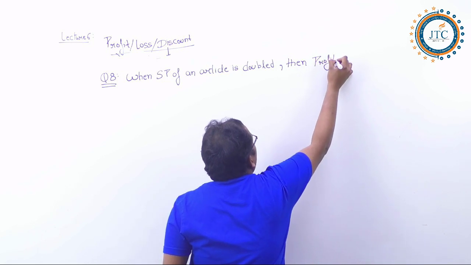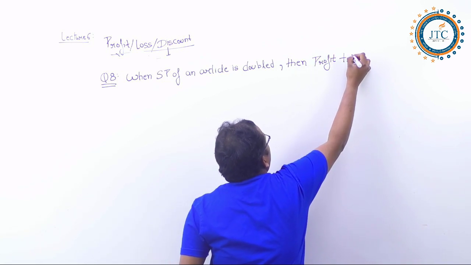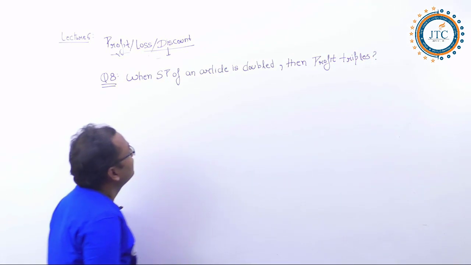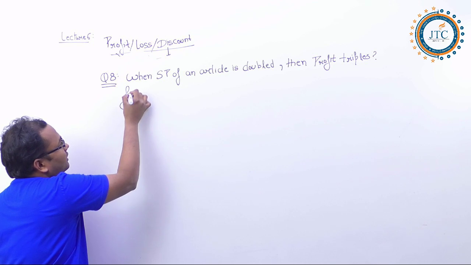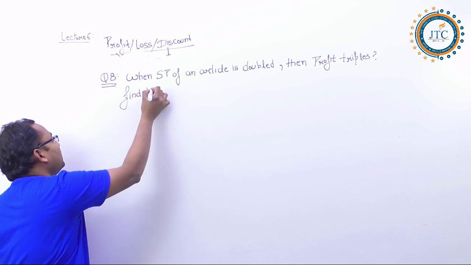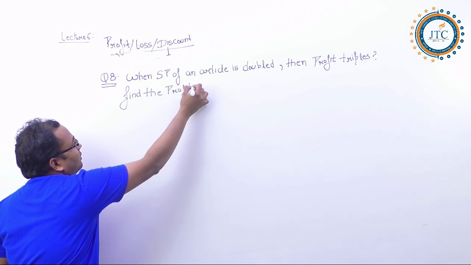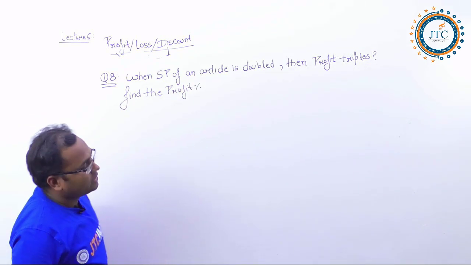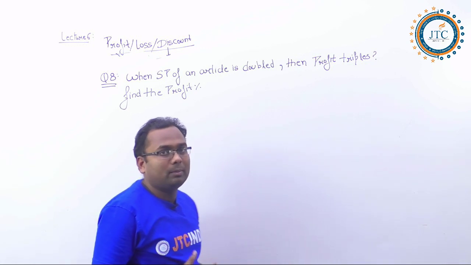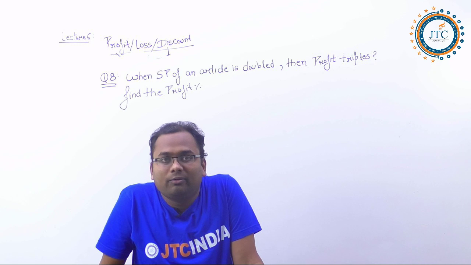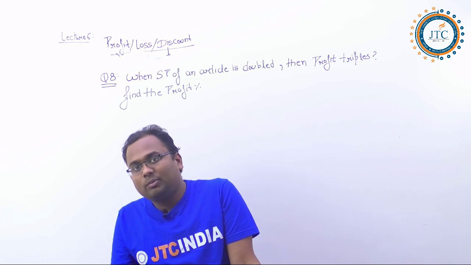This is the question. When the selling price of an article is doubled, then the profit triples. Then find the profit percent. So what the question says is that we have to double the selling price, and when the selling price is doubled, then the profit triples. So we have to find the profit percent.